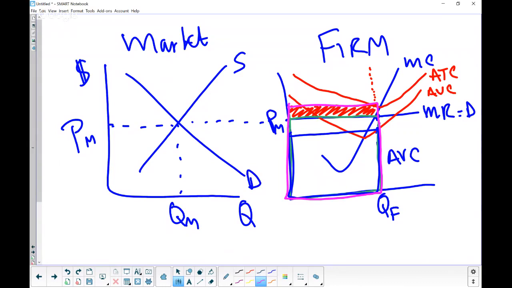What is that? Well, the gap between, let's back up here. ATC equals what? AVC, which we have, AVC plus AFC. AFC is where?